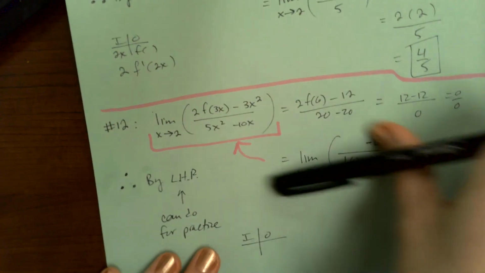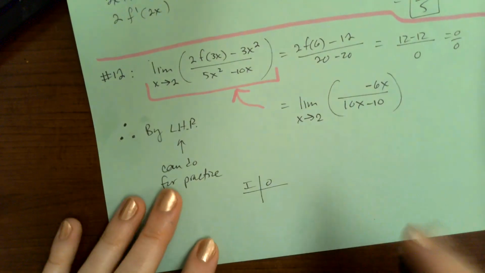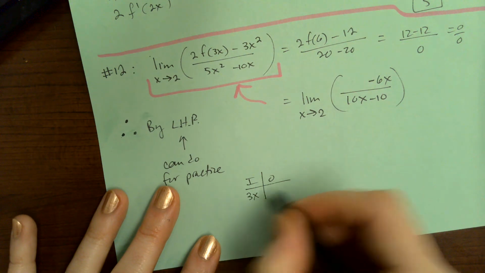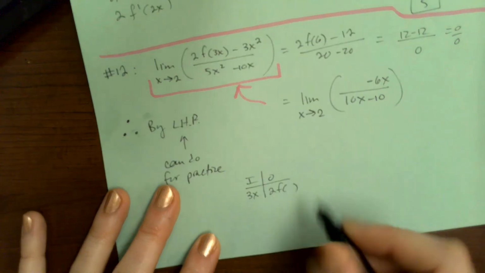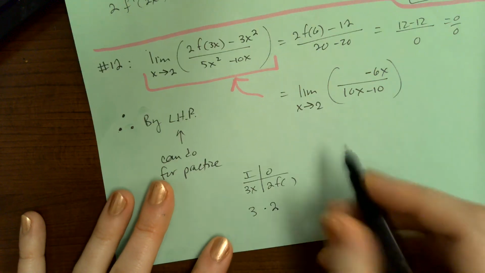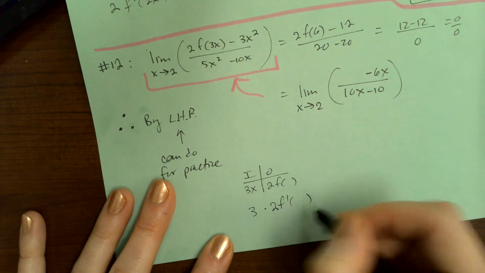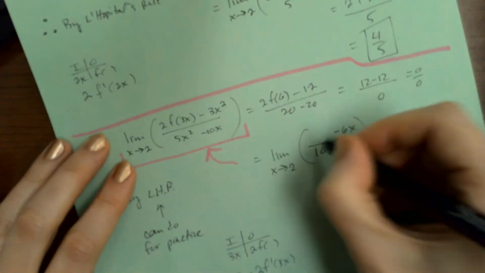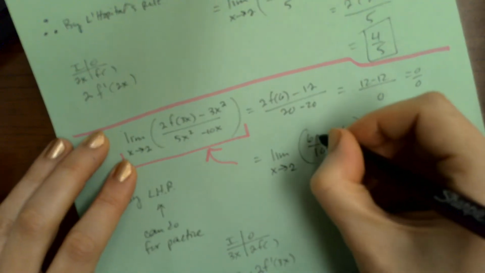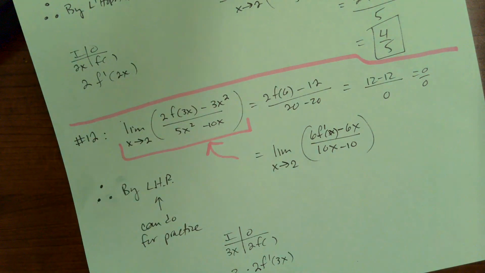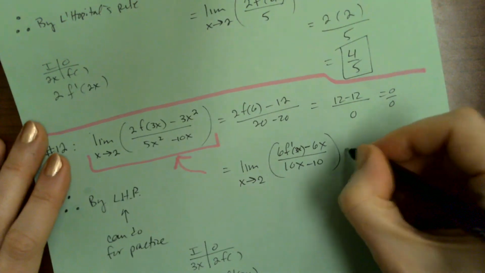You don't have to do the chart if you don't feel it necessary. The inside is 3x, the outside is 2f of blank. The 3 coefficients just come down, f prime of blank, 3x goes back in. So this is 6 f prime of 3x.